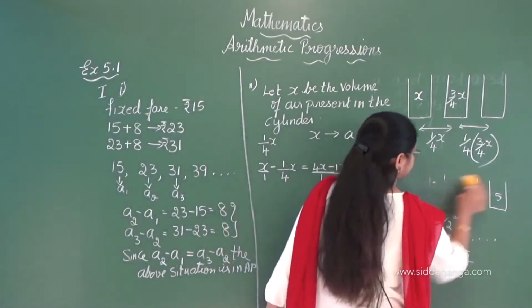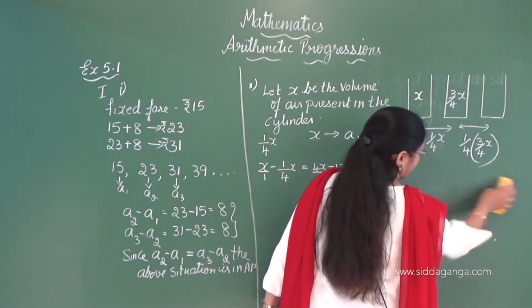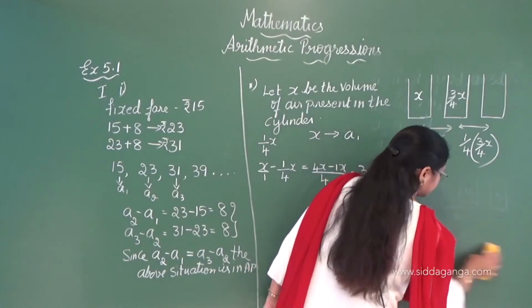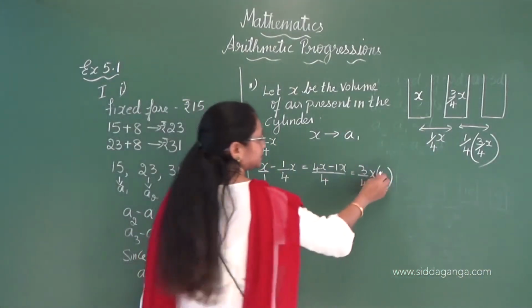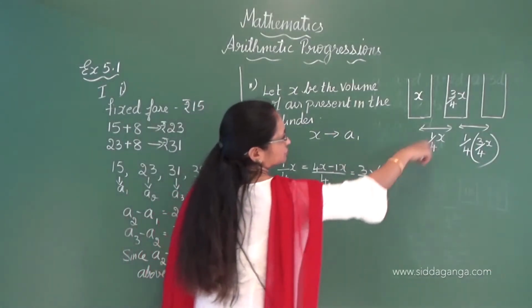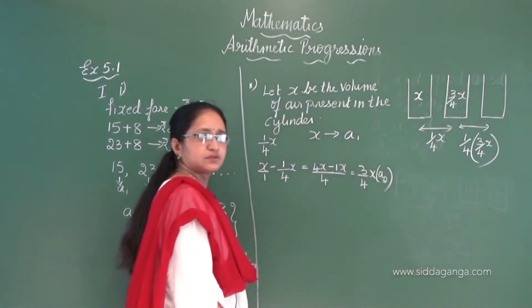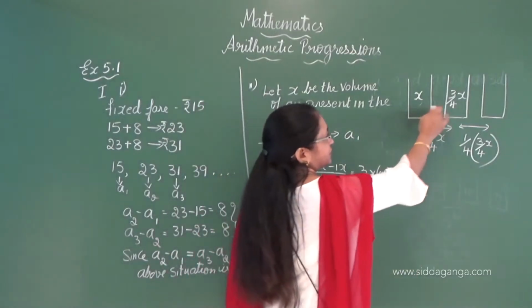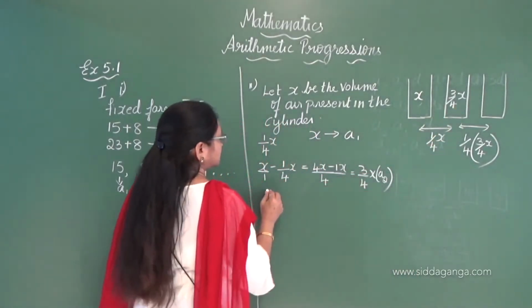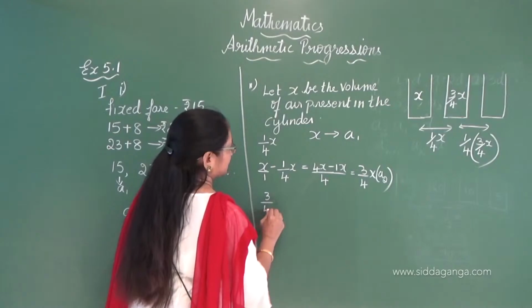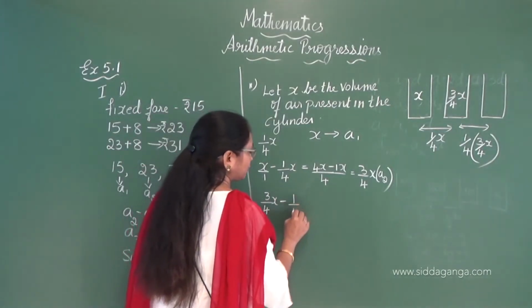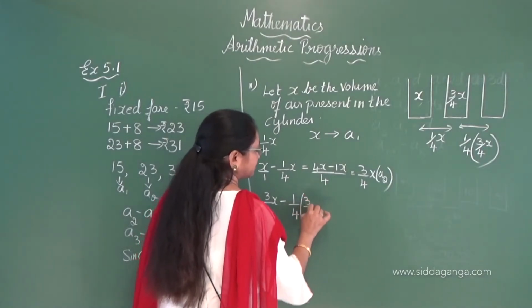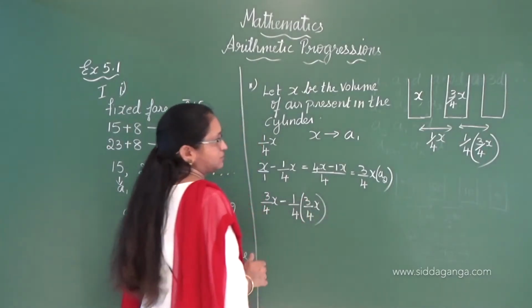Now again we have 3 by 4th of x in the second cylinder. In the same way we will remove. Now from 3 by 4 of x you are going to subtract 1 by 4th of 3 by 4x. I hope it is clear now.